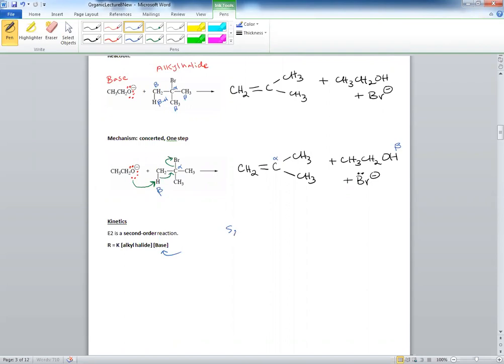In SN2, the rate equals k times the alkyl halide. Notice the difference in the nucleophile. So now we call it a base here rather than a nucleophile, because it is a base. This is not a nucleophile.